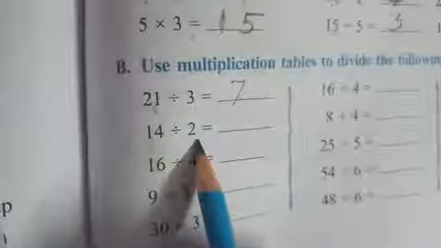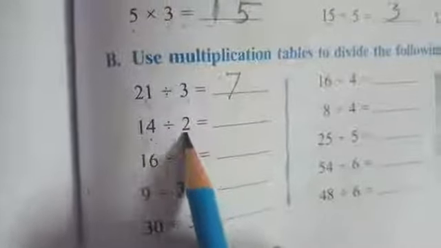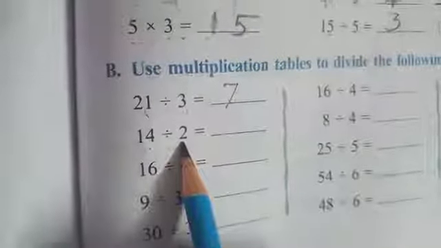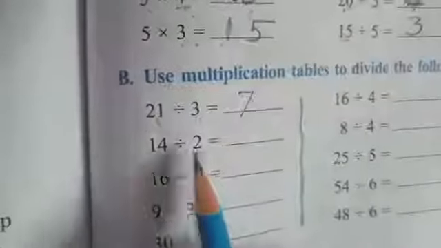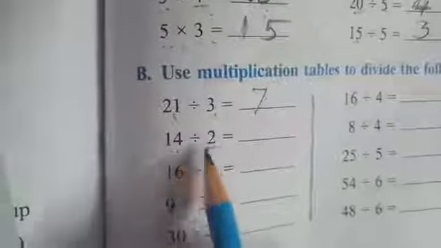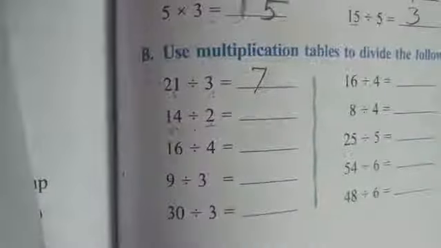Okay children, next you see 14 divided by 2. Here what table do we have to use? 2 tables. In the 2 tables, in which place the 14 comes, that is the answer.